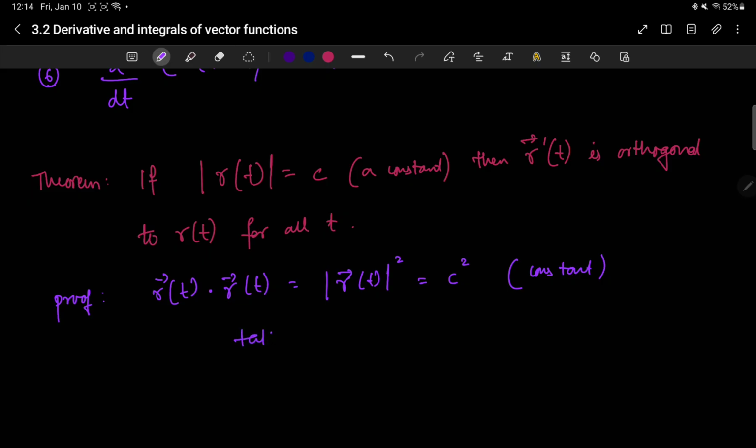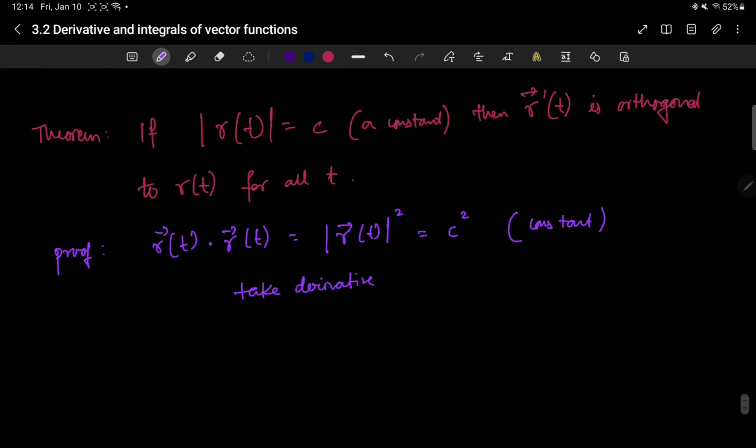Now, if we take the derivatives on both sides, the derivative of c squared is 0. The derivative of this dot product will follow the product rule. So take the derivative of this dot r plus, keep the first one as it is, take the derivative of the second.